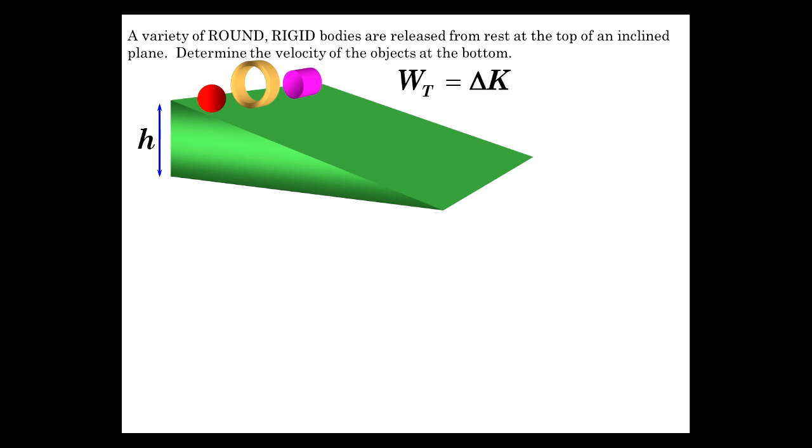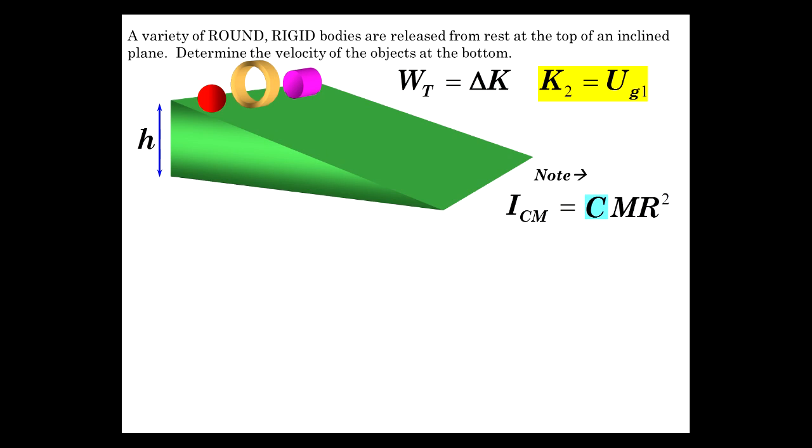Well, let's do an energy consideration. Work total is delta K. K2 is U_G1. Now let's note that for the moment of inertia, it's always some constant times mr squared. So we're going to utilize that in our general energy calculation here and just leave c as c, recognizing again, as I just mentioned, c for the sphere is 2/5, for the ring it's 1, for the disk it's 1/2.